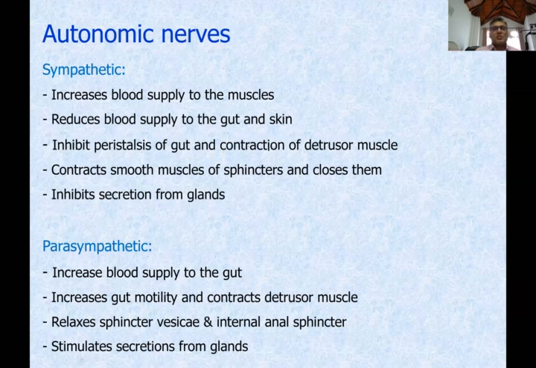If you contract the detrusor muscle, you will urinate. So the sympathetic has to relax the detrusor muscle of the bladder. It contracts smooth muscle sphincters, closing up the urinary tract and the gut, and inhibits secretions from glands.